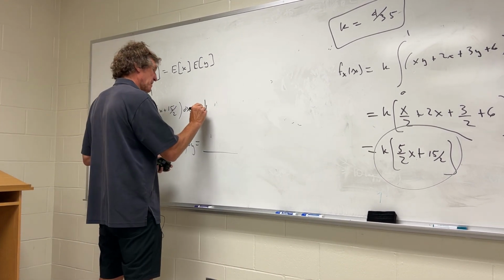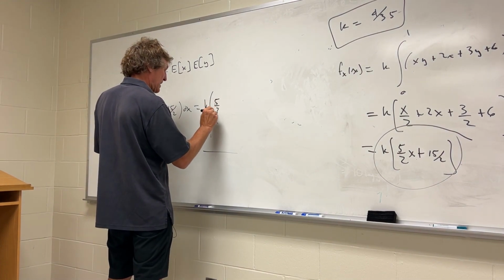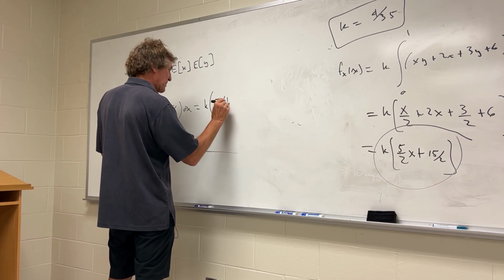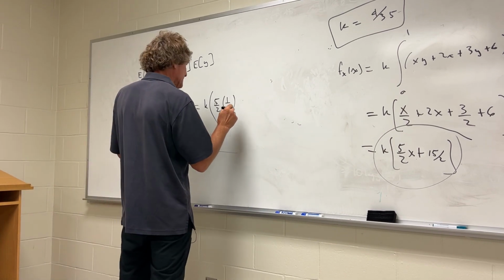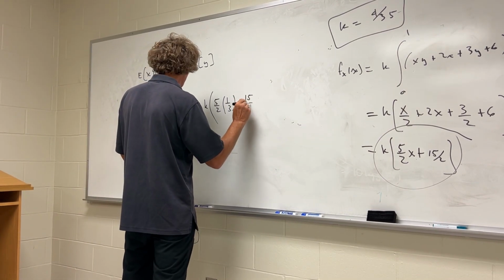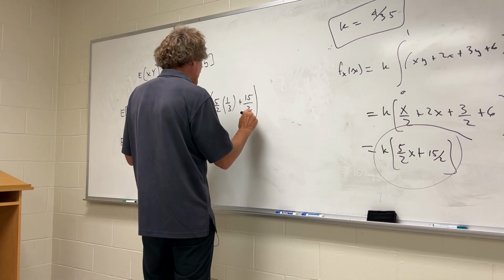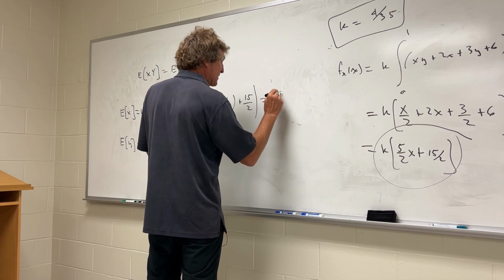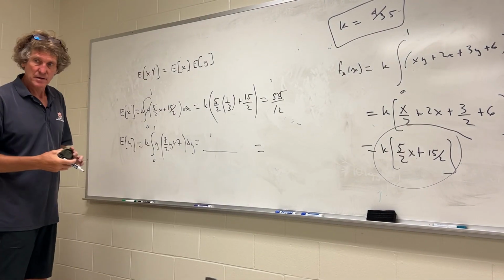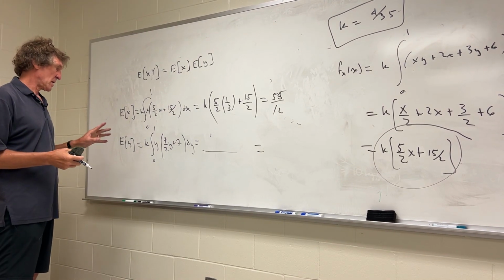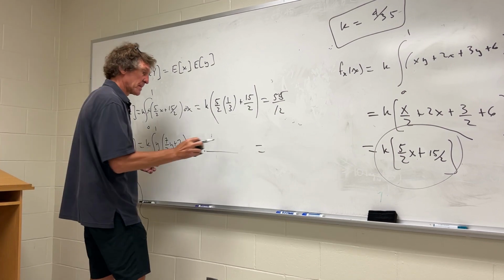So it's 5/2 times 1/3, and then x times 15/2 is going to be x squared over 2, so plus 15. What is it? 55 over 12 for this whole thing up top. What about the bottom one? Y squared. I got 8 over 15 for one of them.